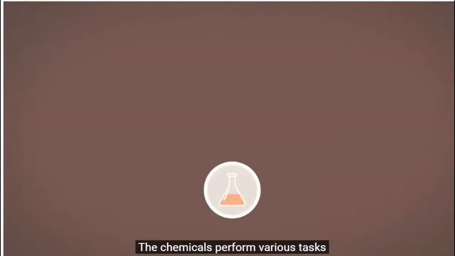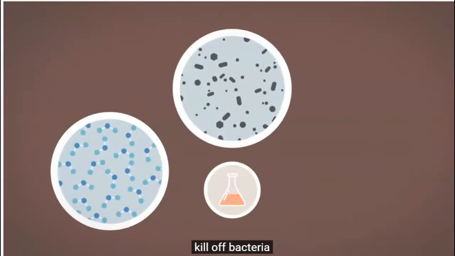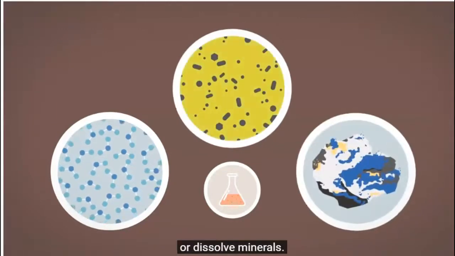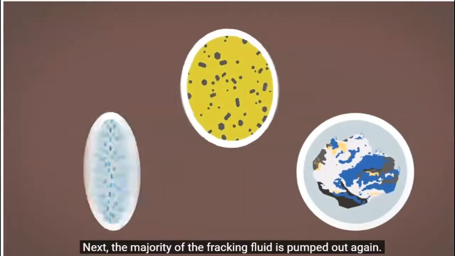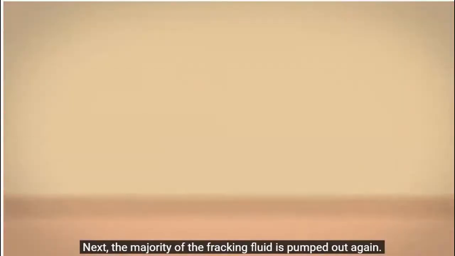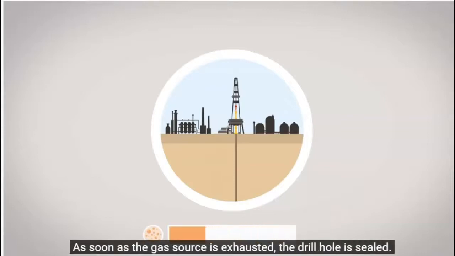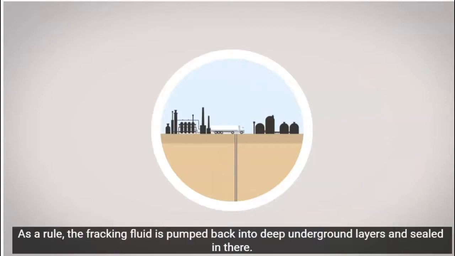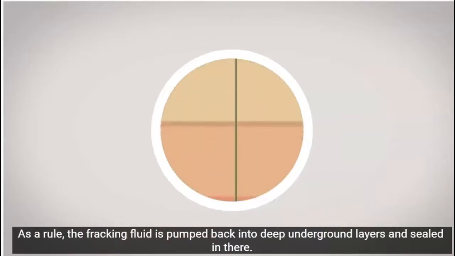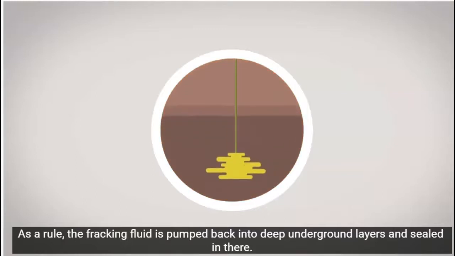The chemicals perform various tasks. Among other things, they compress the water, kill off bacteria, or dissolve minerals. Next, the majority of the fracking fluid is pumped out again. And now the natural gas can be recovered. As soon as the gas source is exhausted, the drill hole is sealed. As a rule, the fracking fluid is pumped back into deep underground layers and sealed in there.